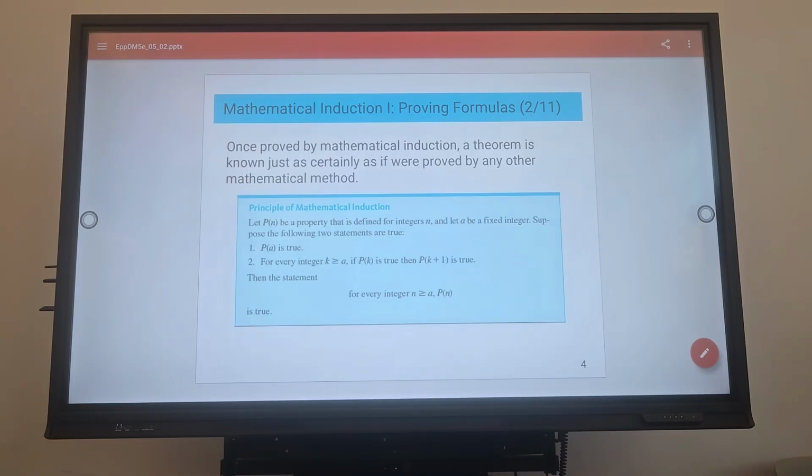Suppose the following two statements are true. 1. P(a) is true, and 2. for every integer k greater than or equal to a, if P(k) is true, then P(k+1) is true. Then the statement "for every integer n greater than or equal to a, P(n) is true" holds.